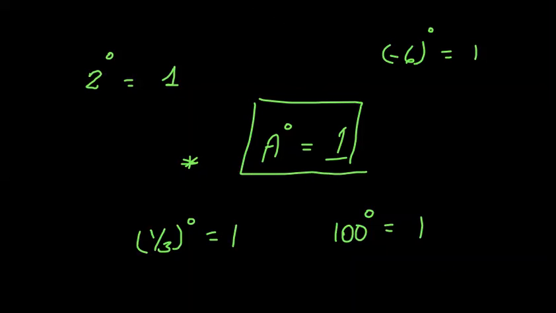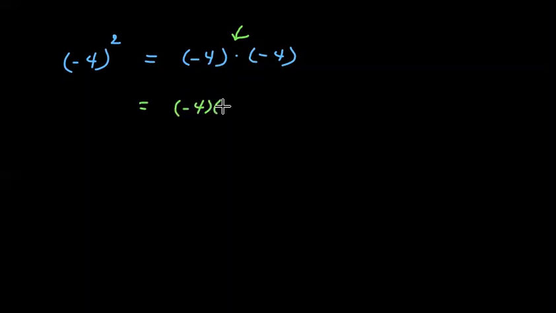We haven't tried a negative number yet. Let's try a negative number, okay? Let's say I had -4 squared. What this is, is -4 multiplied by -4. Now, I'm only going to put a dot once, because when we're using brackets, we don't have to put the dot. This is actually the same thing as saying (-4)(-4).